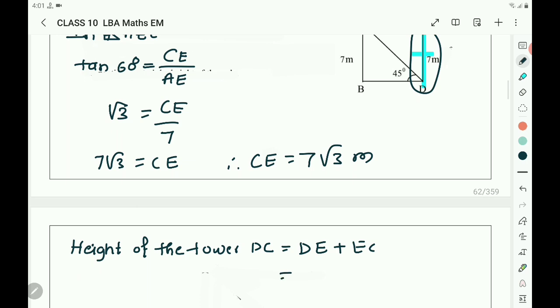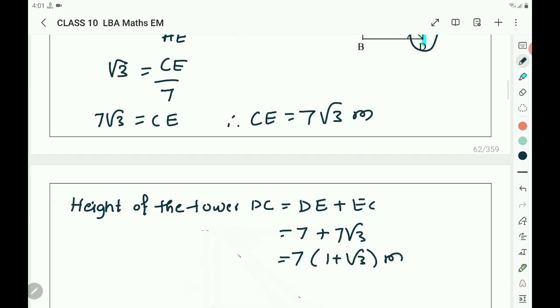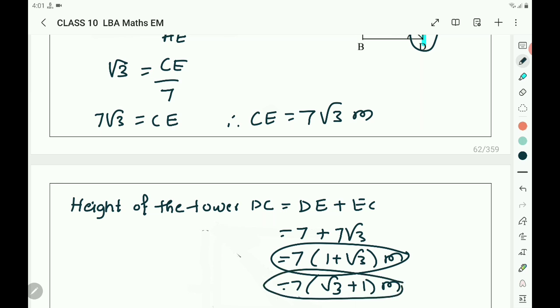DE is 7. 7 plus EC is 7 root 3. If 7 is taken outside as a common factor, 7 into 1 plus root 3 meter. Or you can write 7 into root 3 plus 1 meter also. Both of them are okay. You can end at this or you can continue to this also.